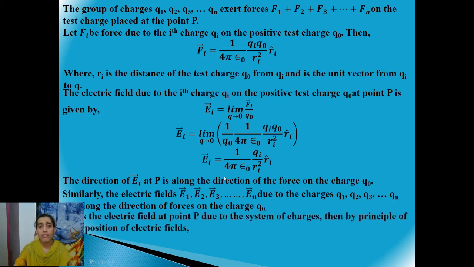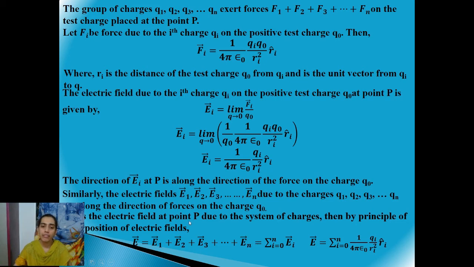Now since you have got the electric field due to the ith charge, in the same manner, according to the superposition principle, the system of charges will be applying individual electric fields on that test charge. Therefore, the total electric field E will be given by vector E1 plus vector E2 plus vector E3 plus so on up to vector En.